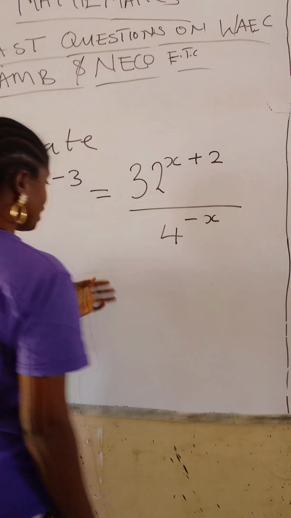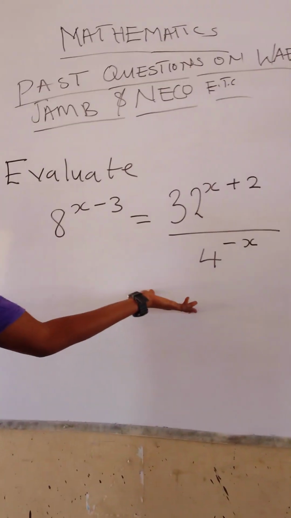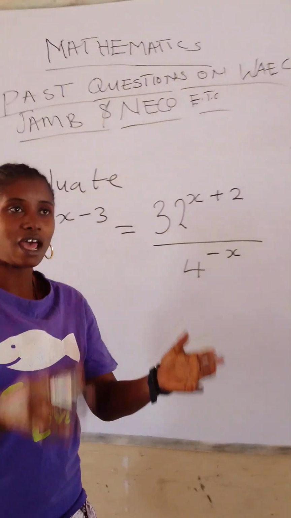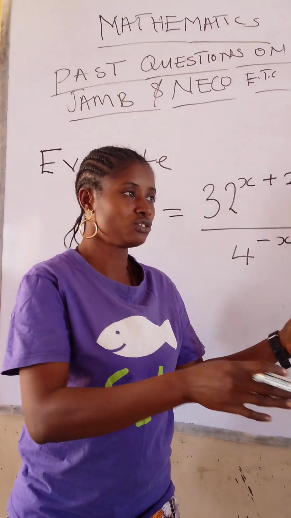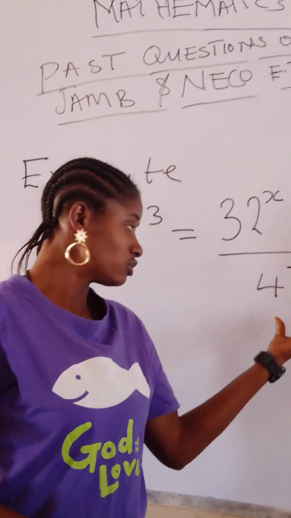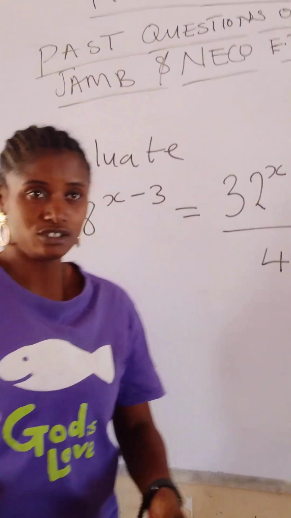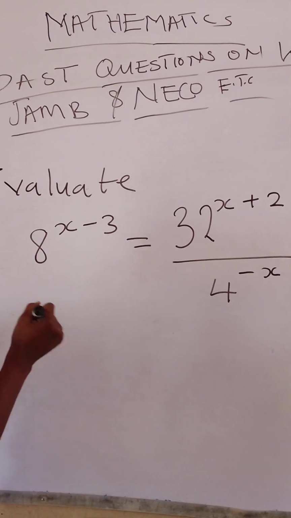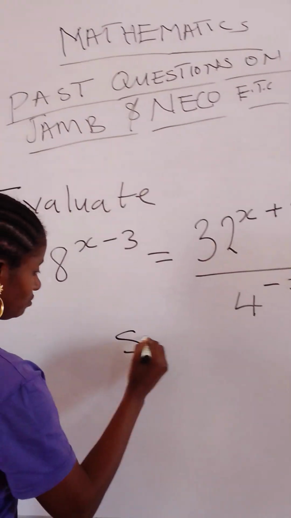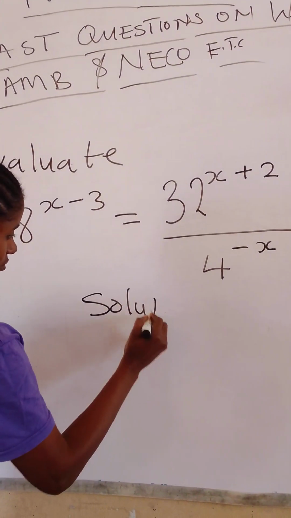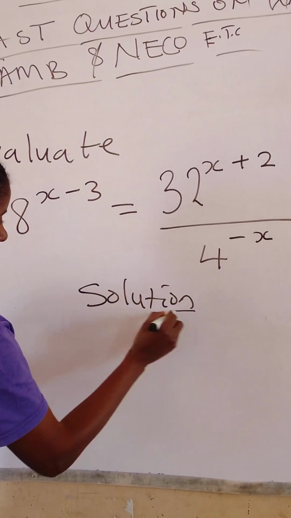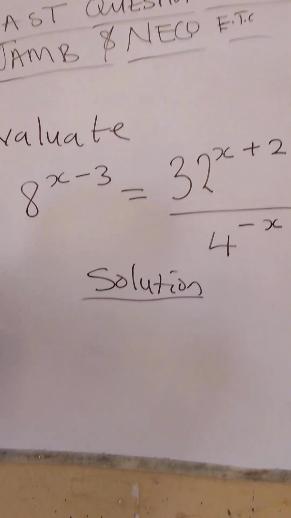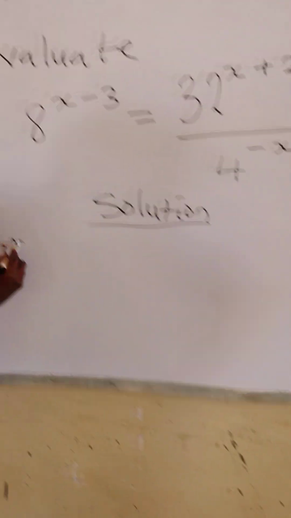From here, we start with the word solution. Since you've already analyzed your 8, 32, and 4, you put all this analysis into practice. We bring down our question first.